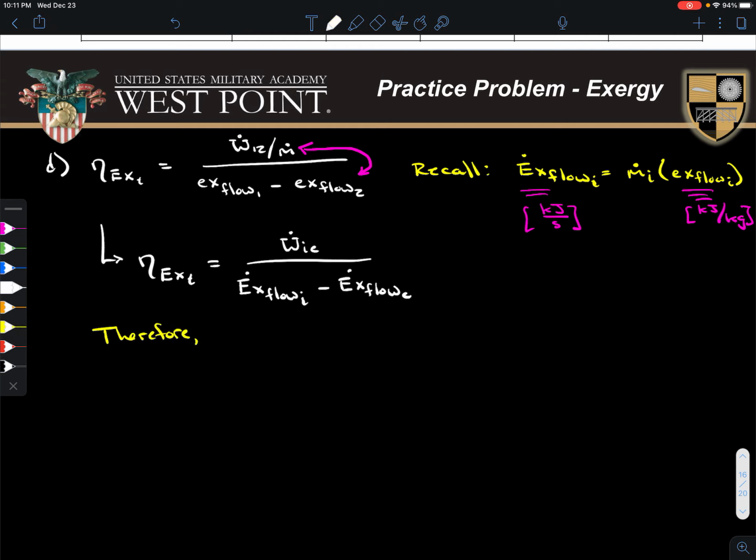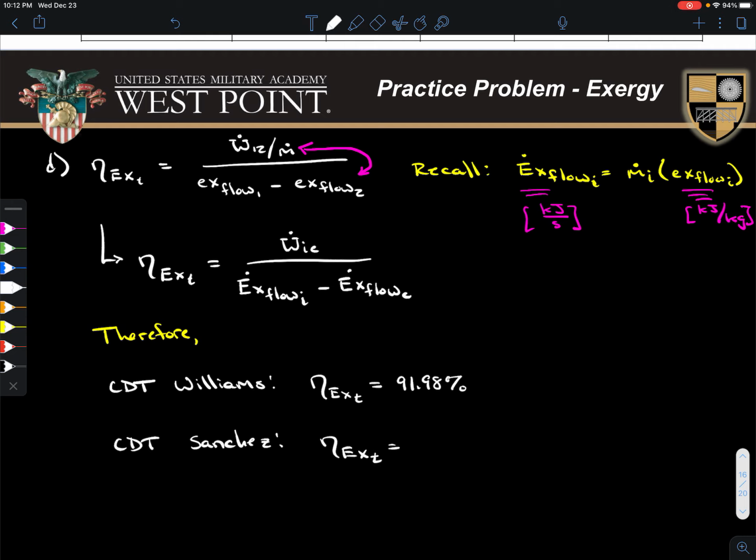Sometimes nomenclature kind of gets stuck in stone, unfortunately. So then we would find that Cadet Williams has an exergetic efficiency of 91.98%, and Cadet Sanchez has an exergetic efficiency of 94.50%.